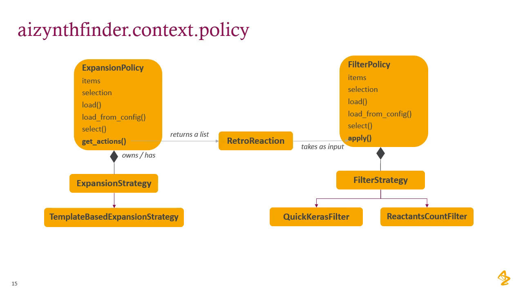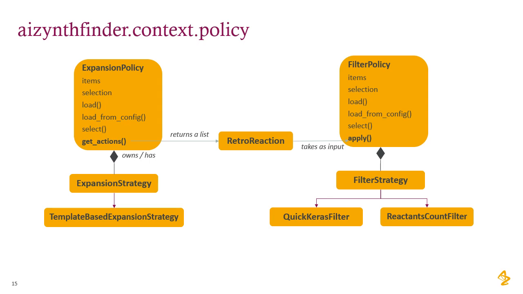Okay, and the filter policy has an apply method that is used for using the policy. And the thing is, get actions returns a list of retroreactions encapsulating a chemical reaction in the retro sense that we looked at a few slides back. These retroreactions are eventually passed as input to the apply function of the filter policy.